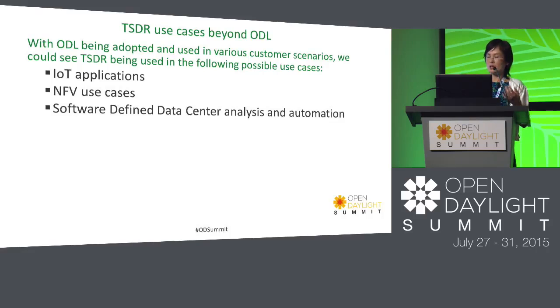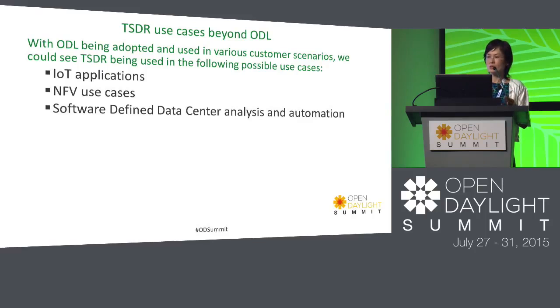I really want to mention a little bit about going beyond ODL, because our idea of processing time series data, including the platform itself, is pretty generic. It can handle ODL controller data, it can handle network data, and it can even do something beyond ODL, for example IoT applications. Because we have a very elastic and pluggable data store, we believe it can be installed and deployed on very low-end computing systems, such as Raspberry Pi.